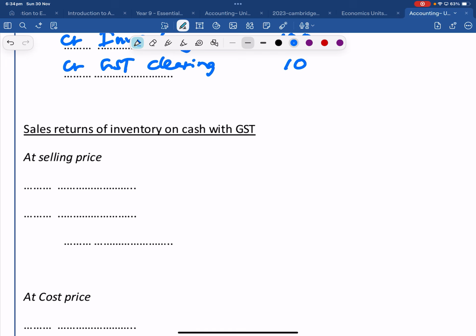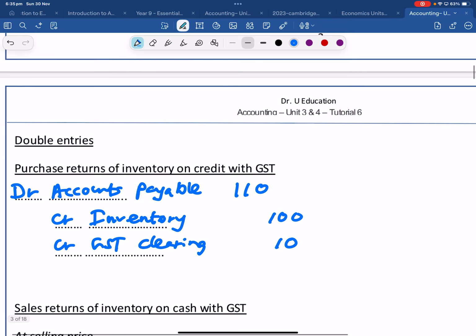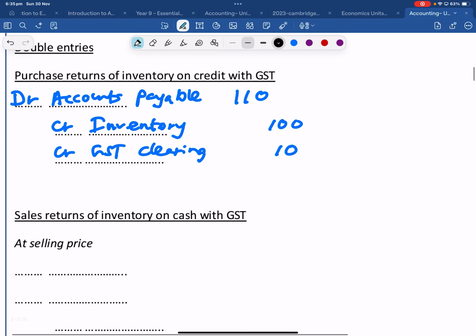Right. Okay. At selling price, guys, sales return. Now just recall the double entry for the sale of inventory. Sorry, I have made a mistake. This should be credit, guys, not cash.